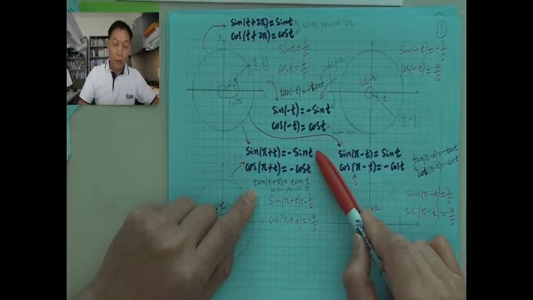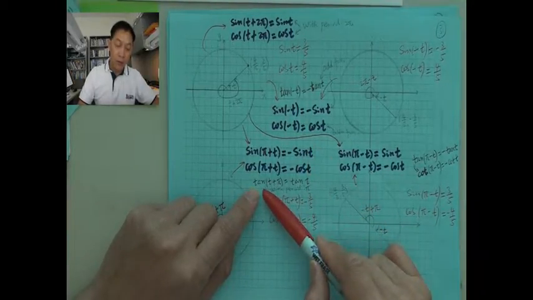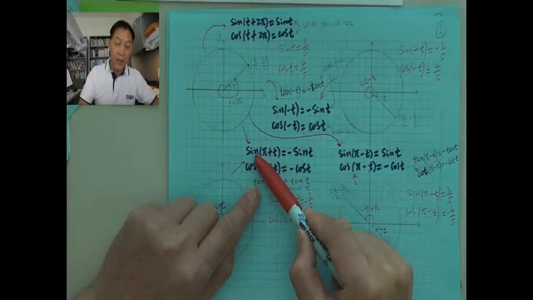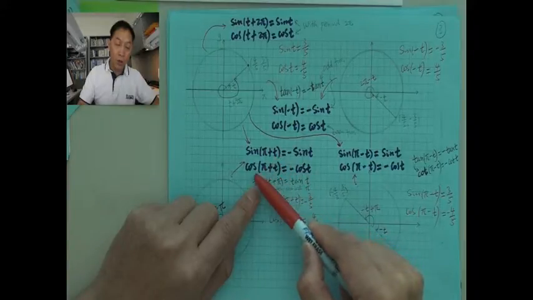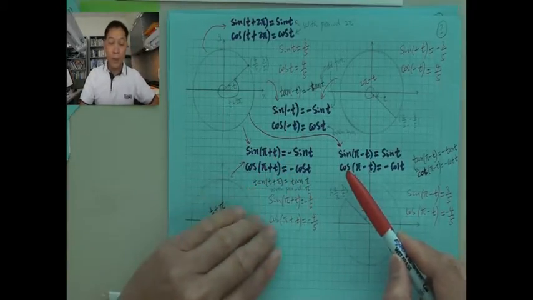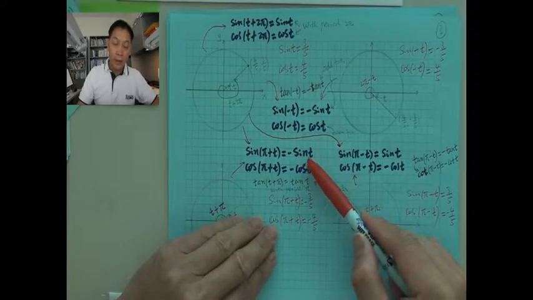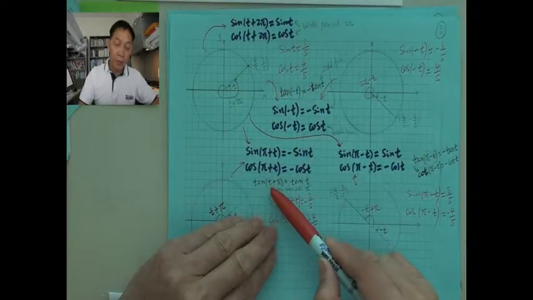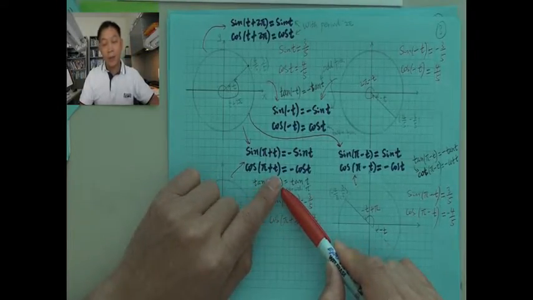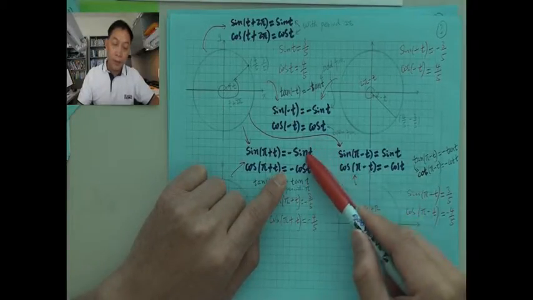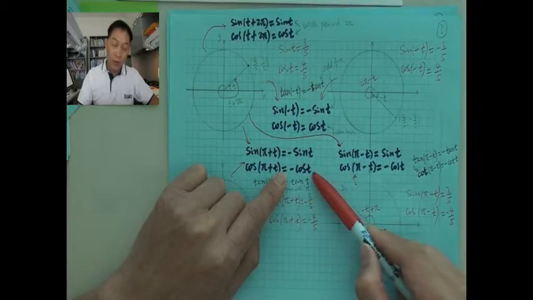Now, always remember tangent t plus pi is actually the ratio of sine pi plus t over cosine pi plus t. Okay? On the left hand side you will have tangent t plus pi, and the right hand side is negative sine t over negative cosine t.